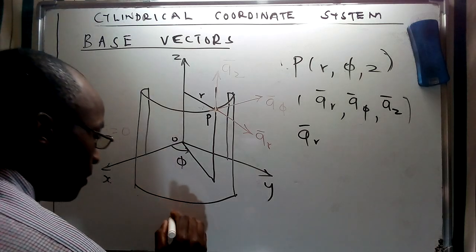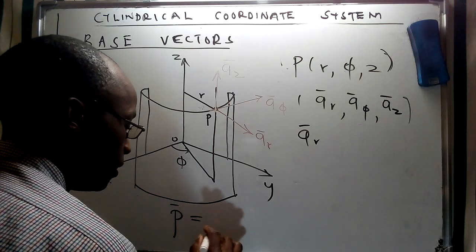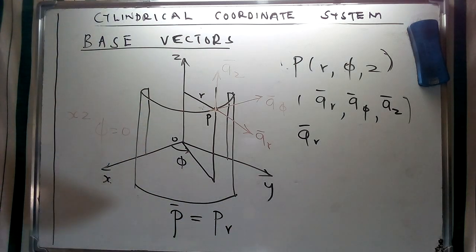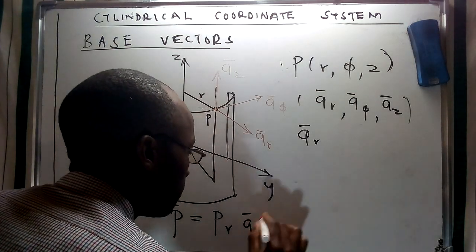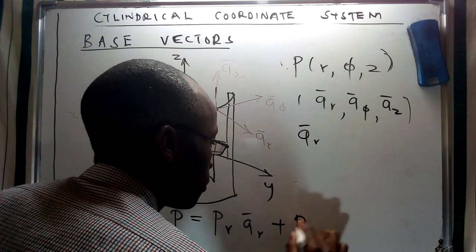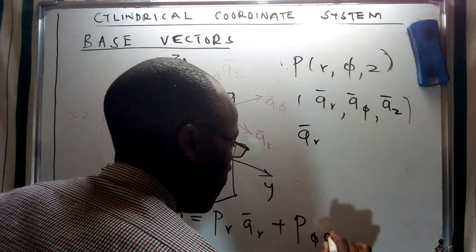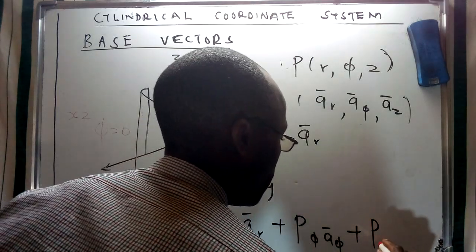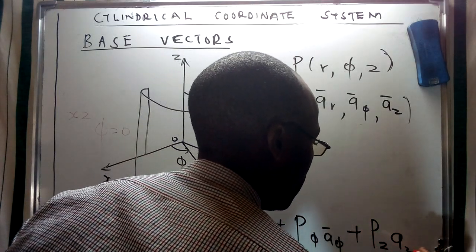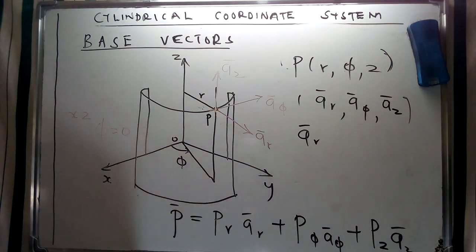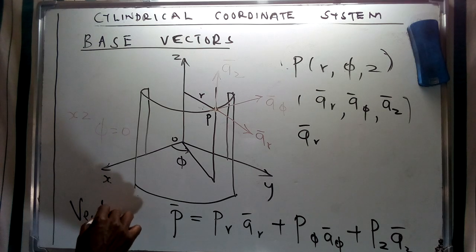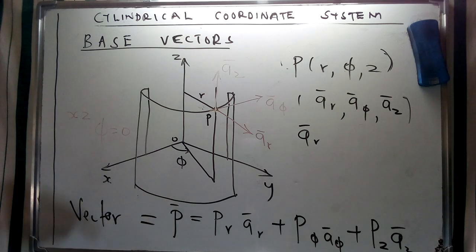The vector P is going to be given by P_r, where r is the radius, accompanied by the unit vector a_r, and then we're going to have P_phi and a_phi, plus P_z and a_z. That is going to represent the vector for this specific point in the cylindrical coordinate system.